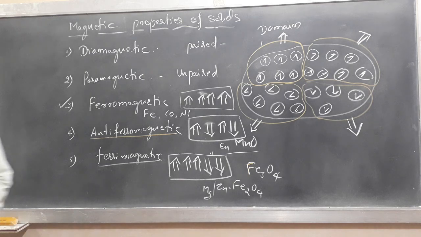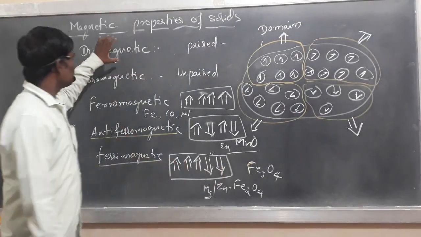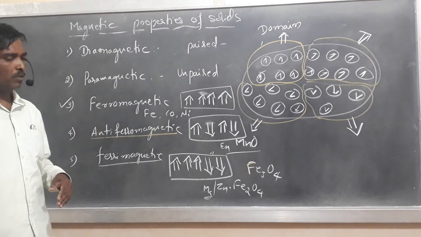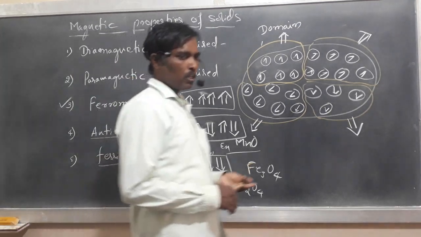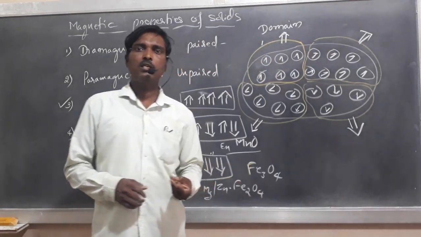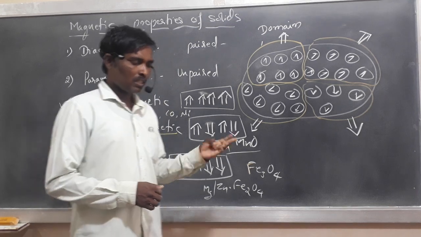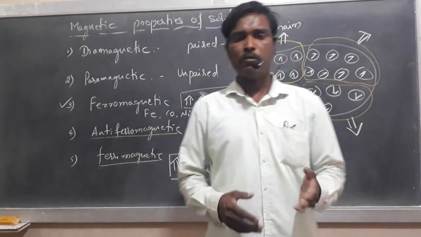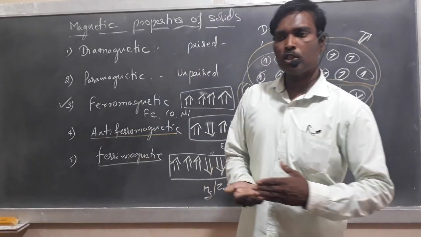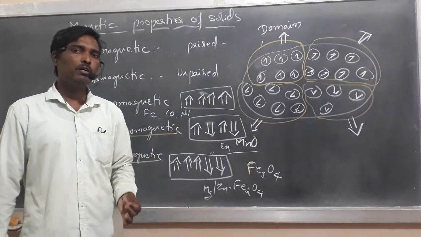Since this is the last concept in magnetic properties, let me recall what we have studied in solid state till now. We started with the classification of solids based on their nature, that is, the differences between crystalline and amorphous. Then the same classification based on the binding force between the constituent particles.